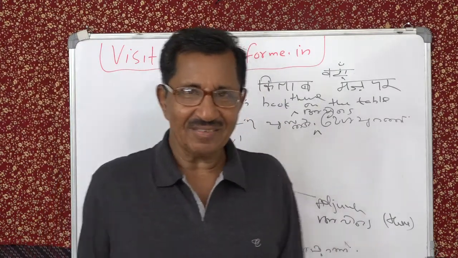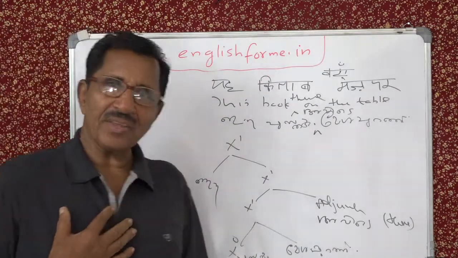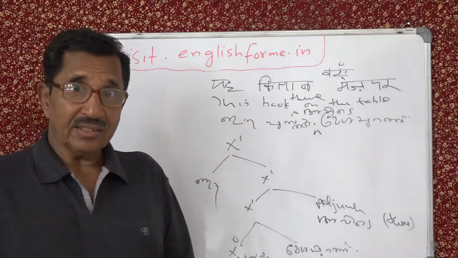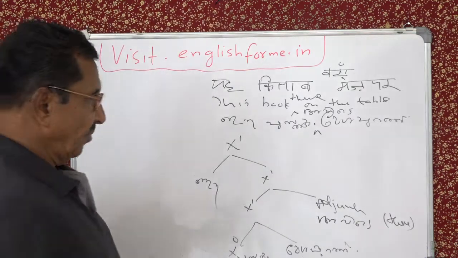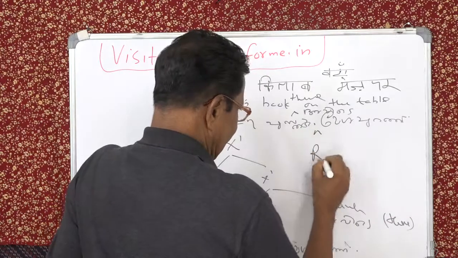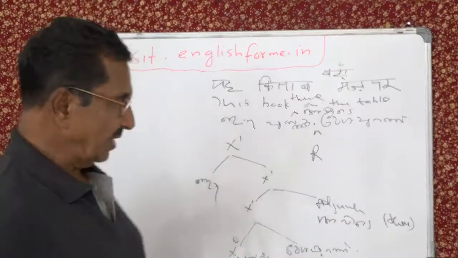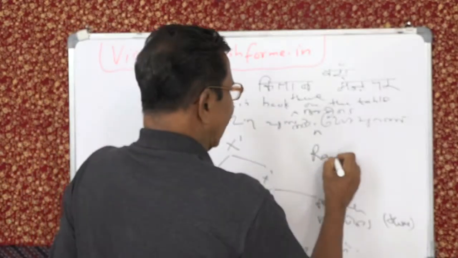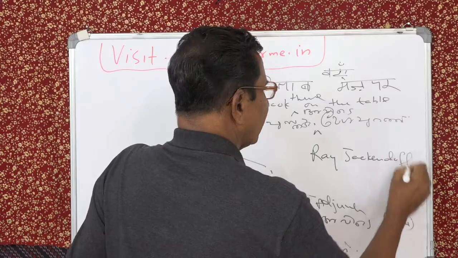I made it clear. It's not I who made it clear, it was made clear by Xbar, a theory especially developed by Ray Jackendoff. Although the initiating or the prime mover is Noam Chomsky, it was Ray Jackendoff who developed this.